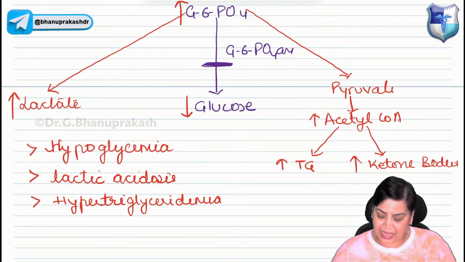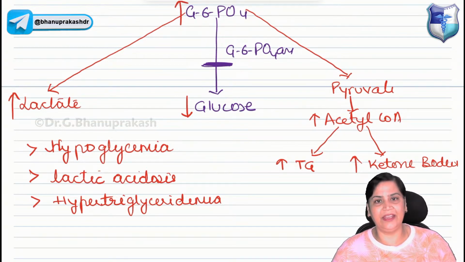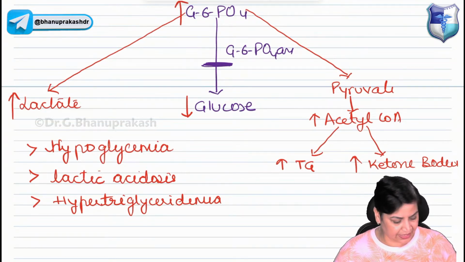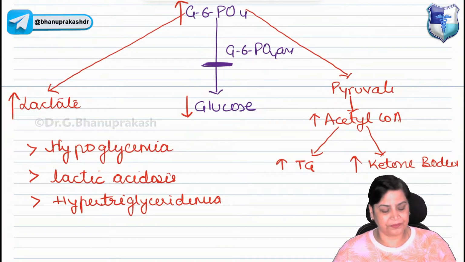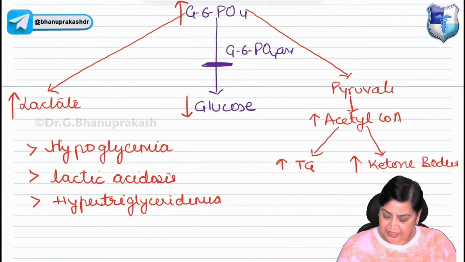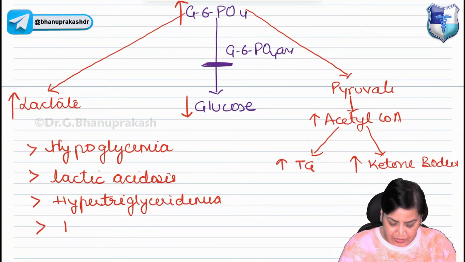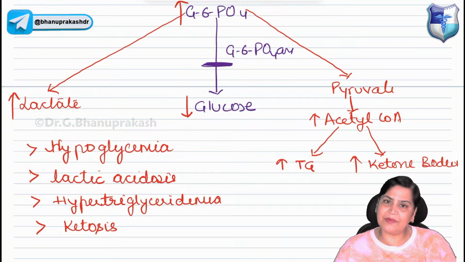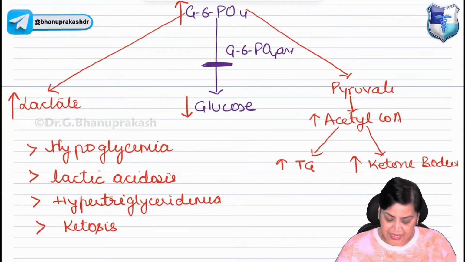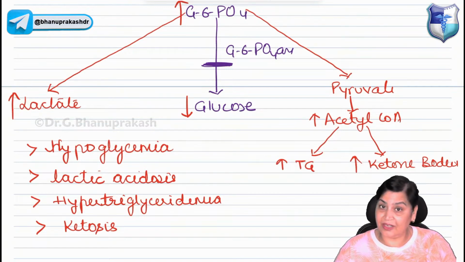During starvation, ketone bodies provide energy to the brain and to the heart. Clear? So ketone bodies in a nutshell are sources of energy. Whenever there is increased concentration of ketone bodies, we call it ketosis. Again, I am telling you, by just the absence of one enzyme, lactic acidosis is there, hypoglycemia is there, ketosis is there, hypertriglyceridemia is there.